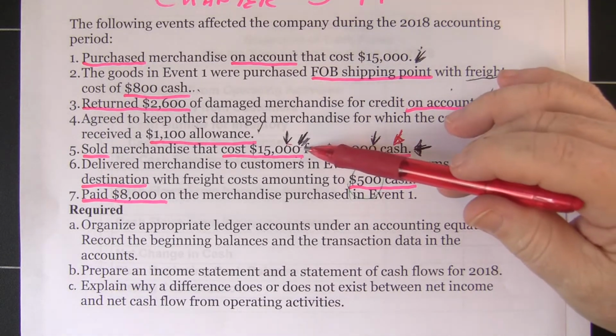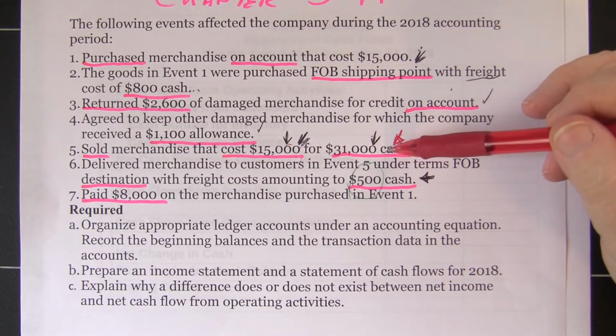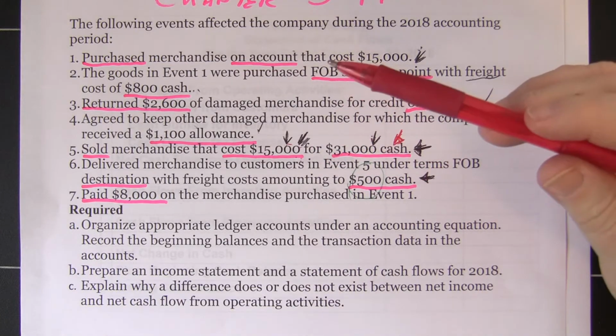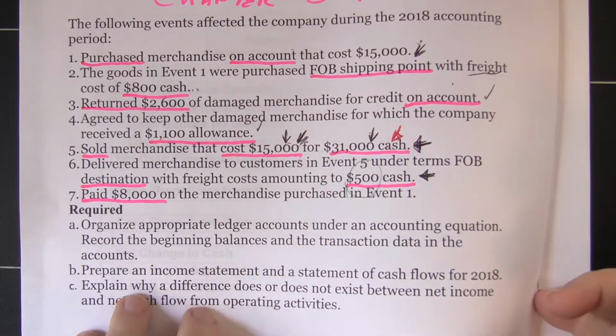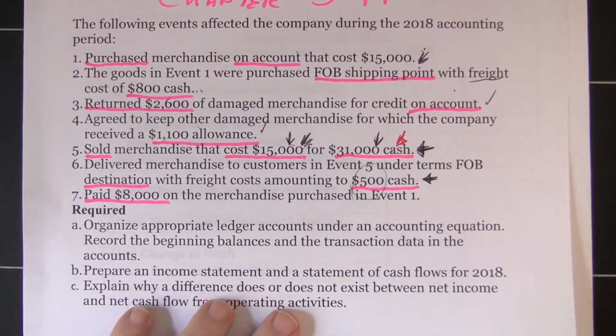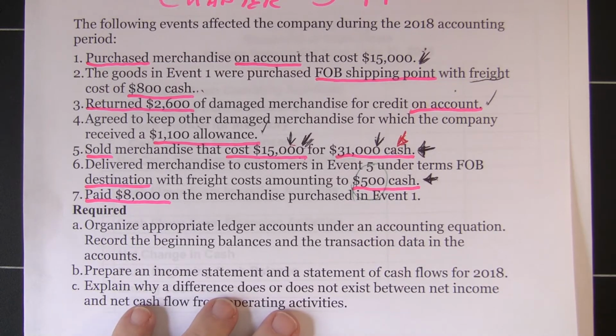So they bought 26, they bought 31, and they sold stuff that cost 15. Oh, I'm sorry, folks. I'm a moron. It's cash.